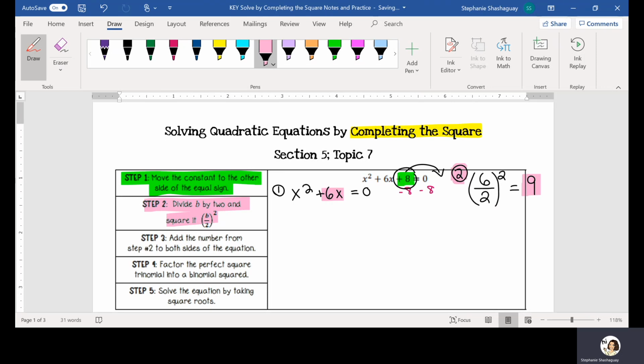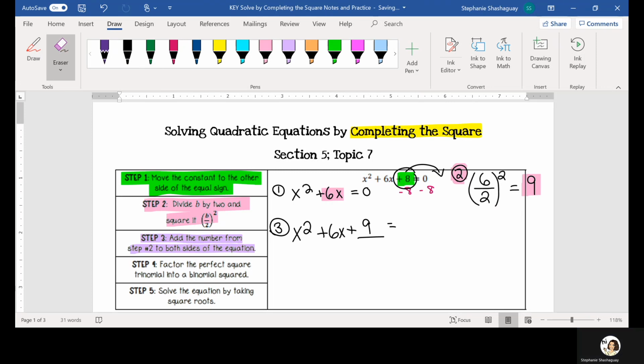Now step 3 is add the number from step number 2 to both sides of the equation. Okay, so we're going to take that number 9 and add it to the equation. So now we're on step 3. So we're going to have x squared plus 6x plus 9 is equal to, and I didn't catch it before, that equation needs to be equal to -8 because I subtracted 8 from both sides.